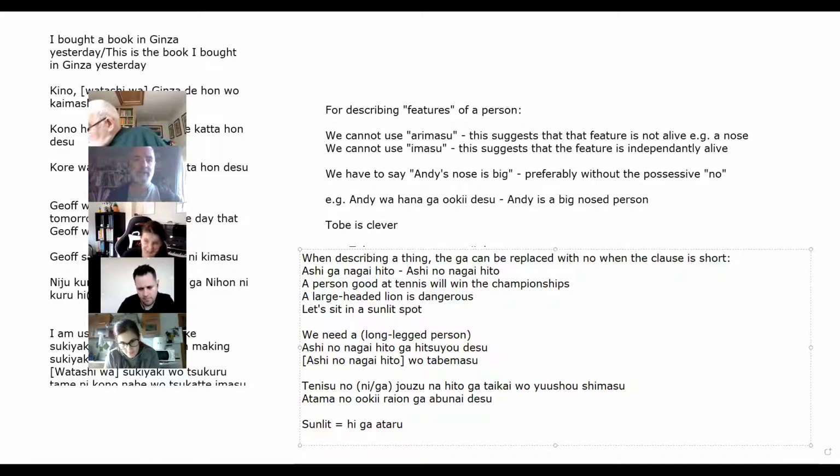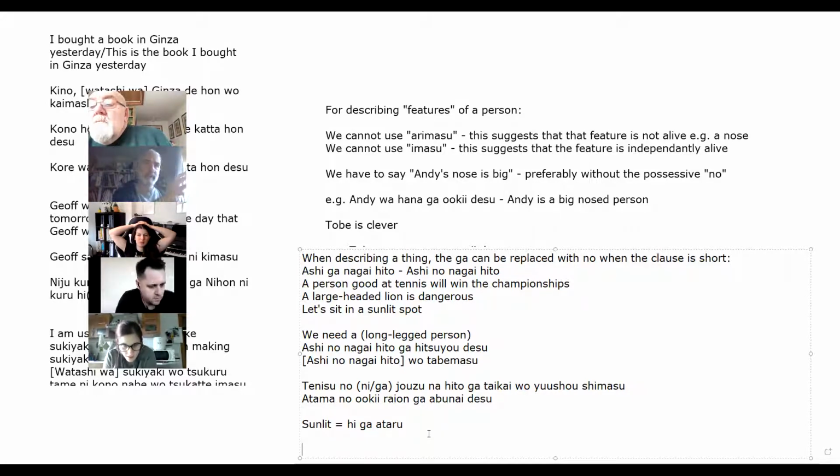Costa, how would you say "let's sit in a sunlit spot?" How do you say spot? Tokoro. The place. Okay. We want to use "hi ga ataru" as a modifier for the tokoro.